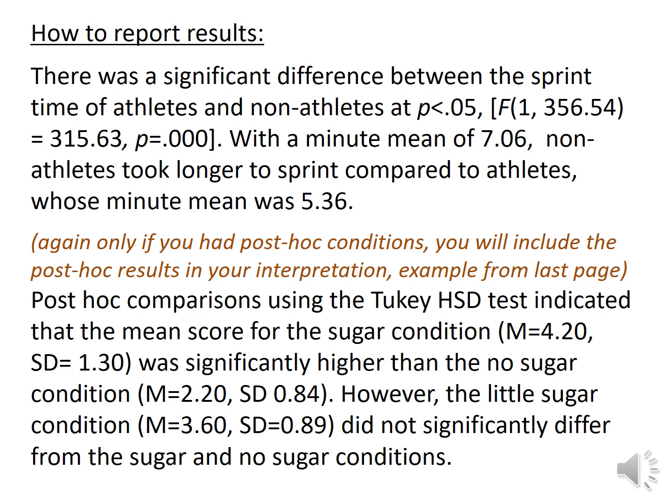However, the little sugar condition, with a mean of 3.6 and standard deviation of 8.9, did not significantly differ from the sugar and no sugar conditions. Again, it does not have to be worded in this way, but the values indicated here should be present.